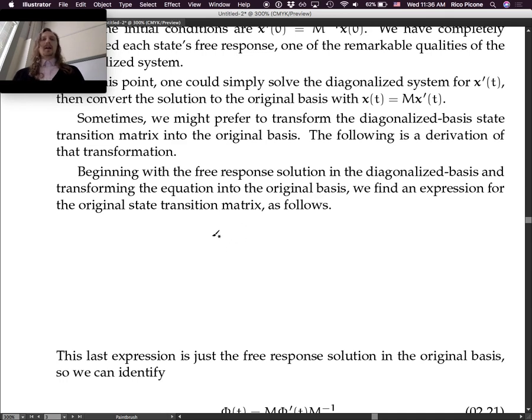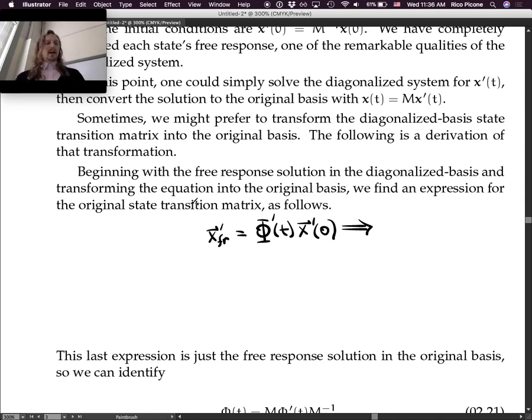So we know that our x prime free response is, based on our previous derivation, phi prime of t times the initial condition in the primed variables. Right? Now, let's transform this into unprimed variables, okay?